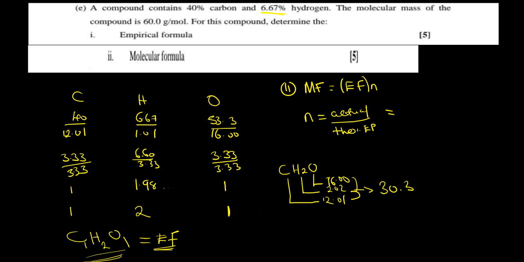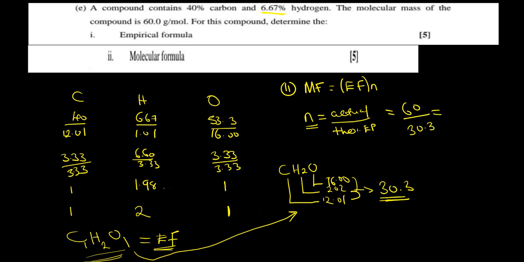So this is the molecular mass theoretically. That's what we got from this empirical formula. So to find the n, we say the actual mass which was given, 60, divided by the theoretical mass of the empirical formula, 30.03.